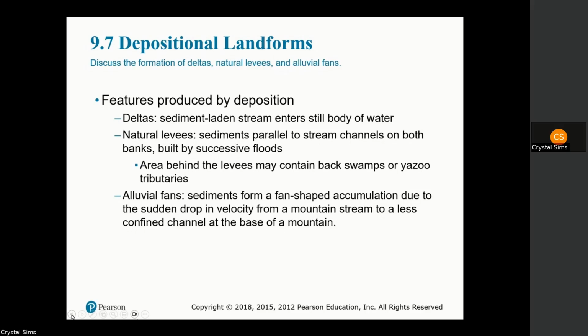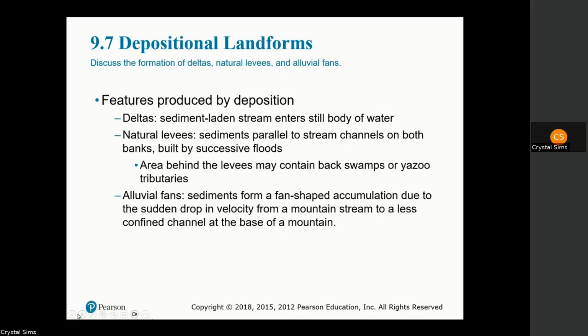This can lead to marshes if the water comes to a standstill, or it can lead to these Yazoo tributaries, which cause a stream to run parallel to the river. These Yazoo tributaries are named after the Yazoo River in Mississippi, which parallels the Mississippi River for almost 200 miles before it finds a way back to join it.